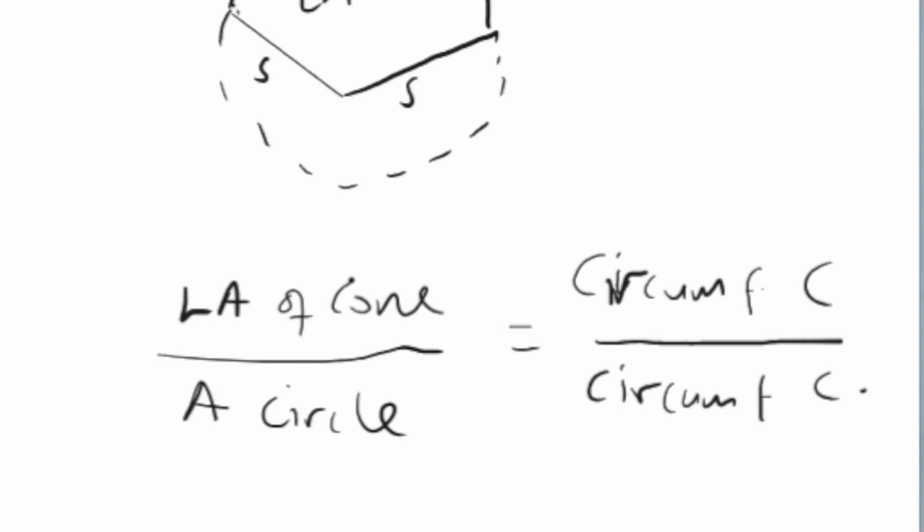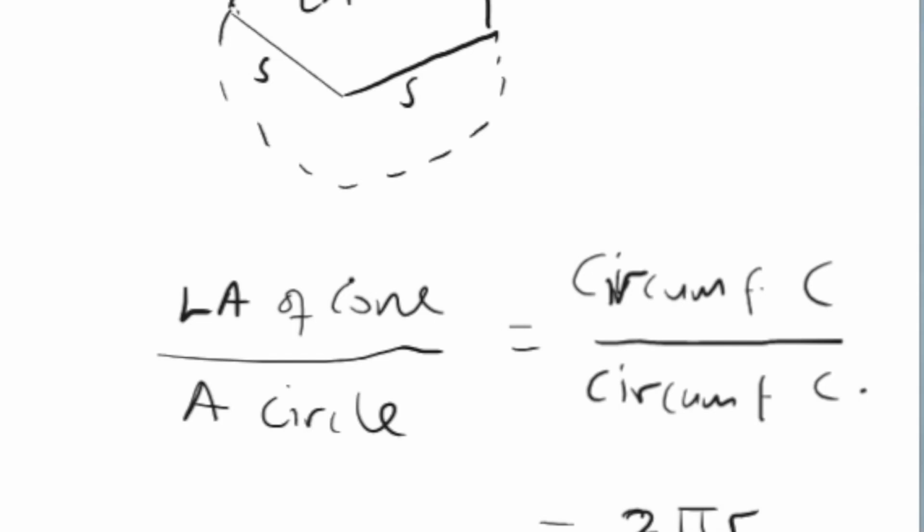So I'm going to get 2 pi r over 2 pi s. That is what that is going to give me.